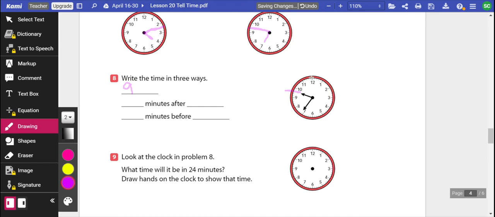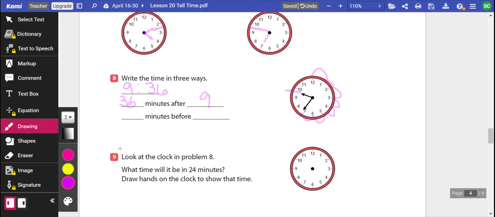And I'm going to count by 5 starting at my 12. 5, 10, 15, 20, 25, 30, 35, 36. So the time is 9:36. Another way to say that is 36 minutes after 9 o'clock.